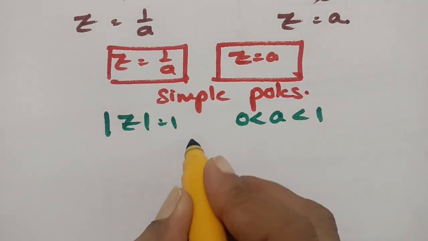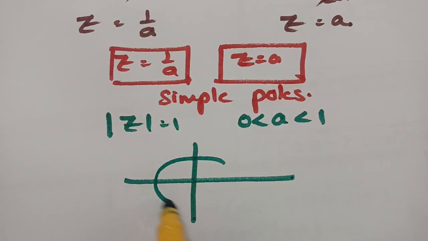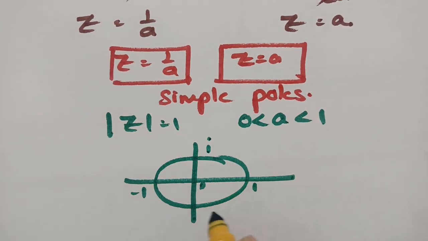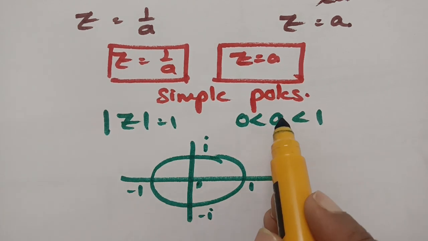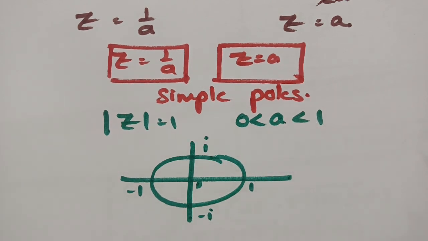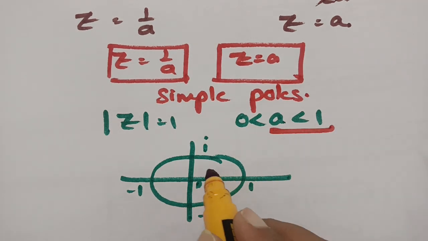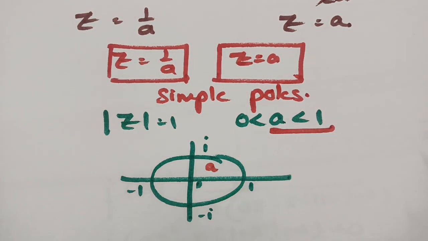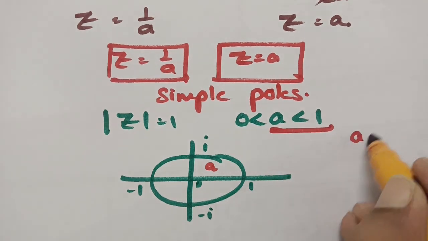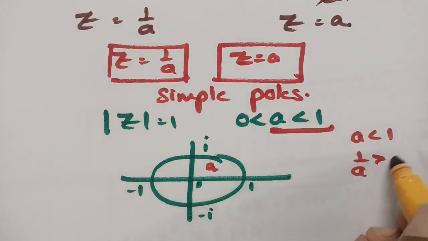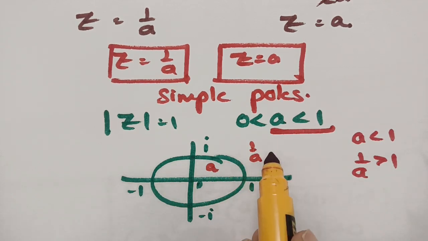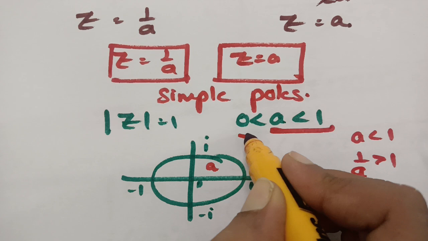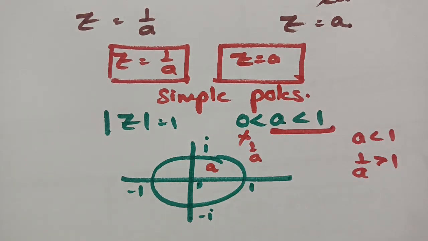See, what is mod z equal to 1? This is nothing but a circle with center 0 and radius 1. So this is minus 1, this is i, and this is minus i. If you see, a is less than 1, so it is within this circle. And 1 by a is greater than 1, so 1 by a is outside, so this is not a pole within the region.